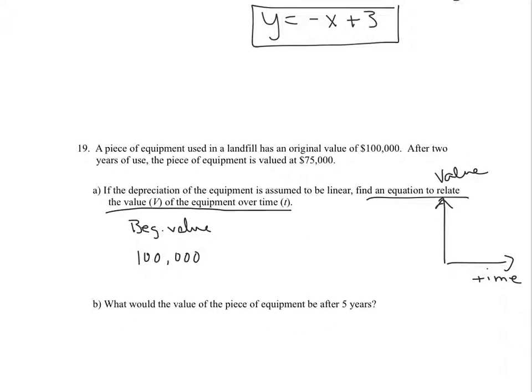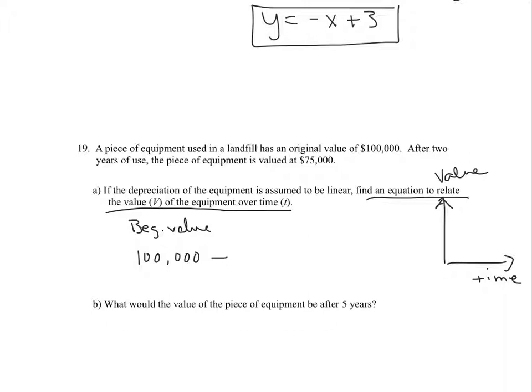And since this is depreciating, that means that it is going down in value. So wouldn't you think that if it's going down in value, I've got to subtract something? If you think that, you are right. The question is, what am I going to be subtracting?